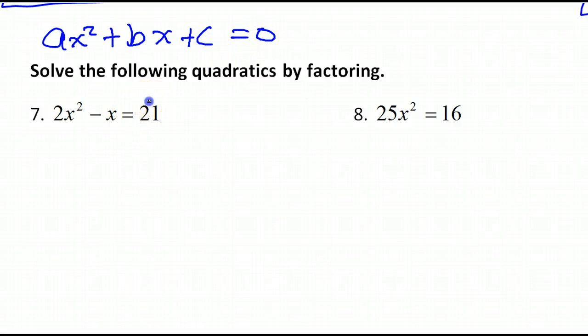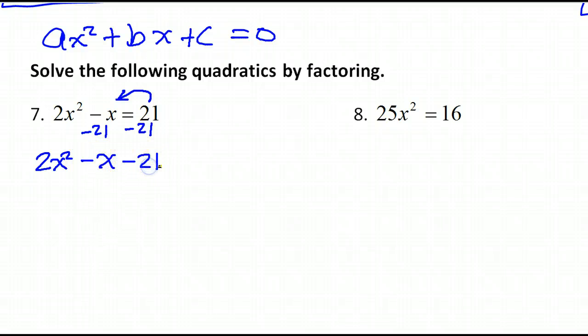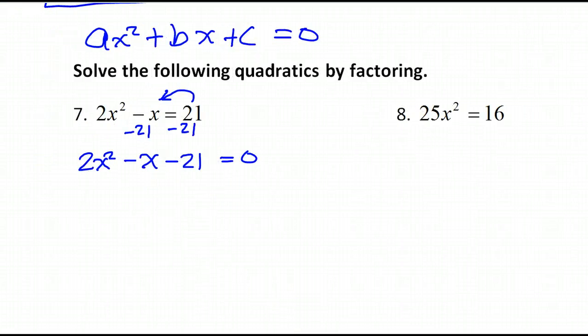So this is pretty close, but we need that 21 to be over there before we do anything. So let us subtract 21 from both sides, like so. That is going to give us 2x squared minus x minus 21 equals 0. Now we are ready to factor.